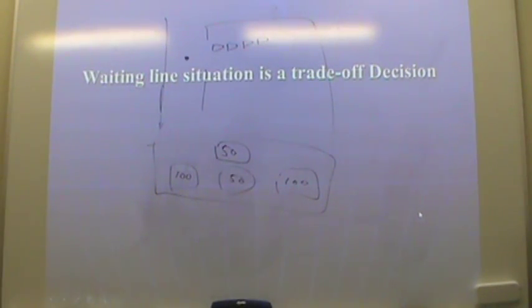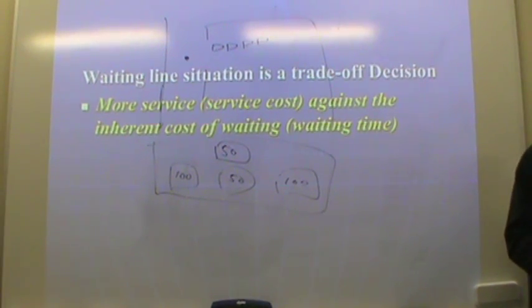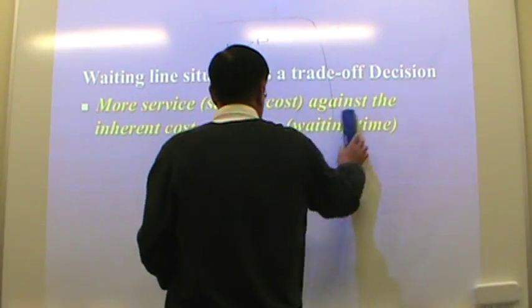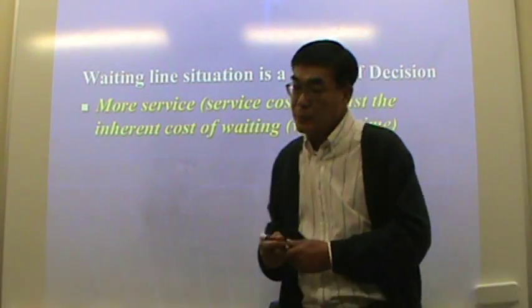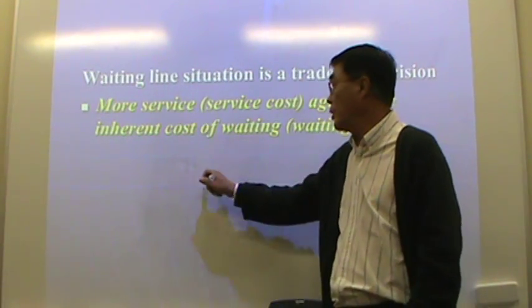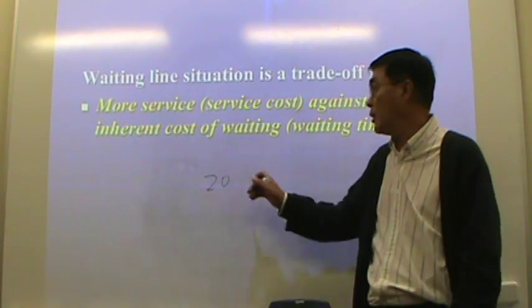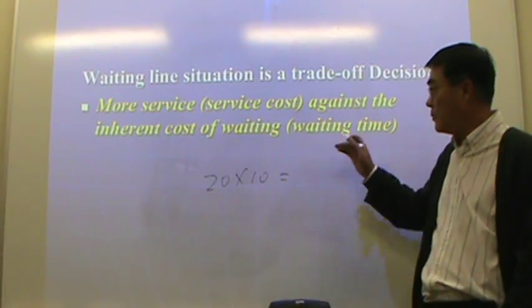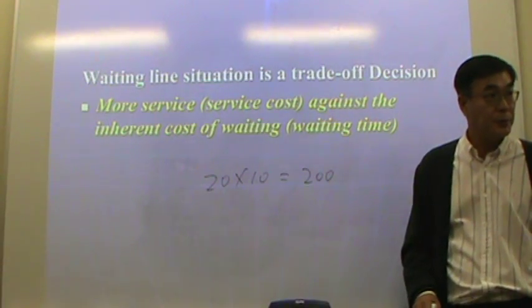A waiting line situation is a trade-off decision: more service against the inherent cost of waiting. If we have 20 cash registers, each one handles 10 customers, then the total is 200 customers per hour.